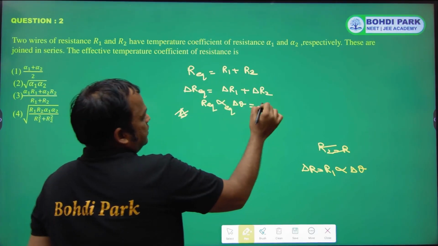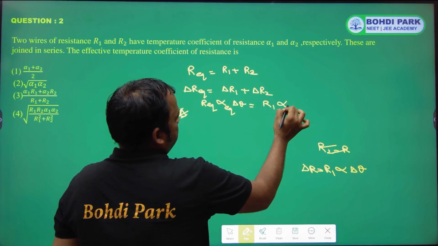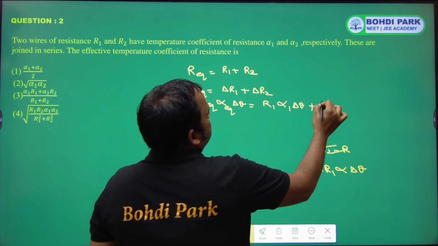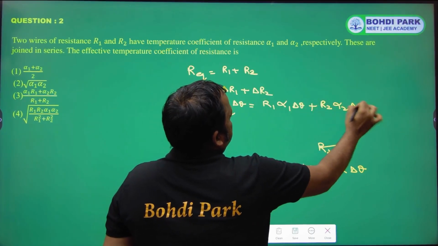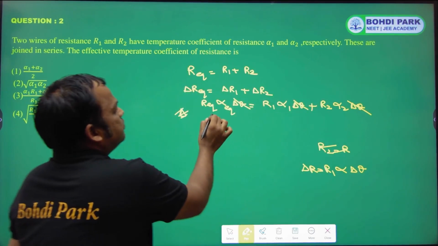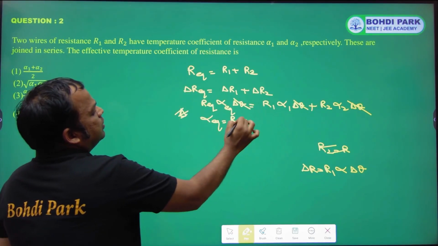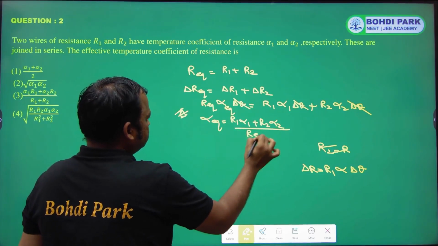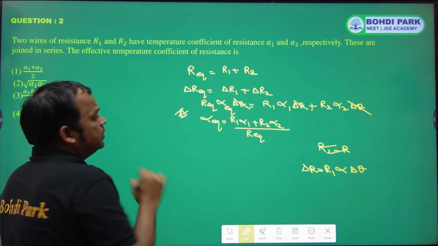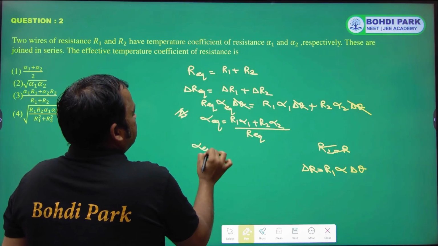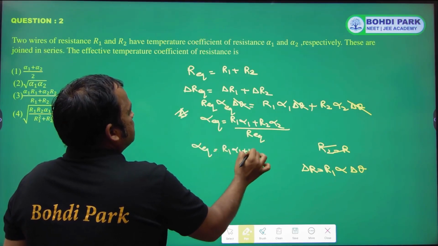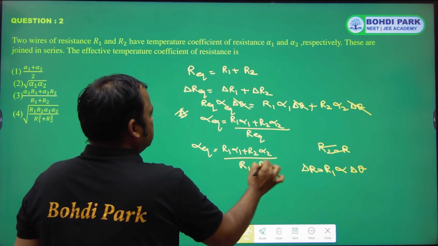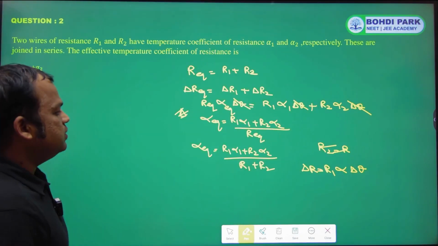So delta R1 is equal to R1 alpha 1 delta theta plus delta R2 is equal to R2 alpha 2 delta theta. Delta theta cancels, so alpha equivalent is equal to R1 alpha 1 plus R2 alpha 2 divided by R1 plus R2. So that is our answer.